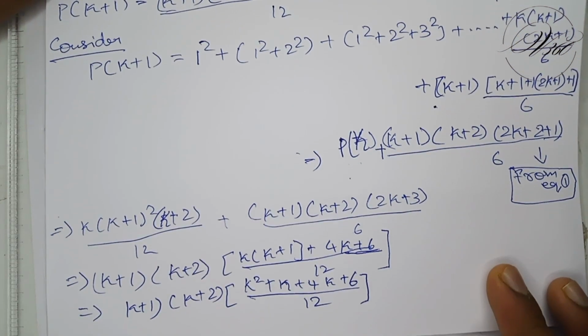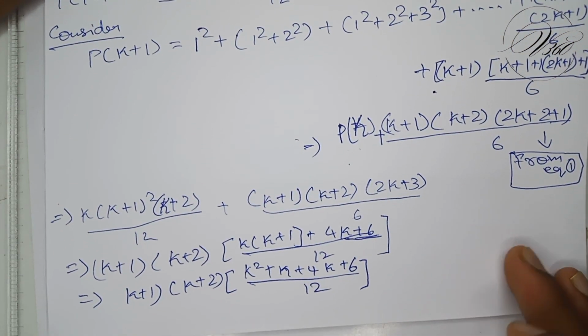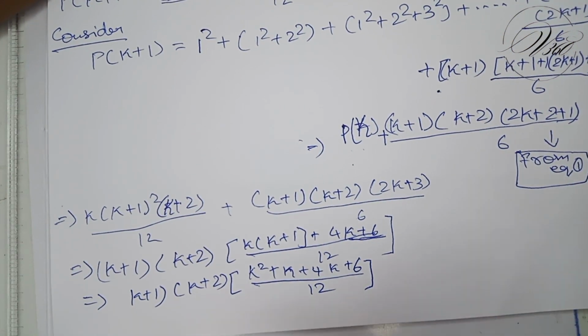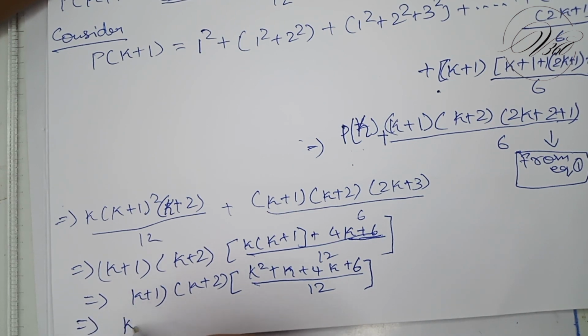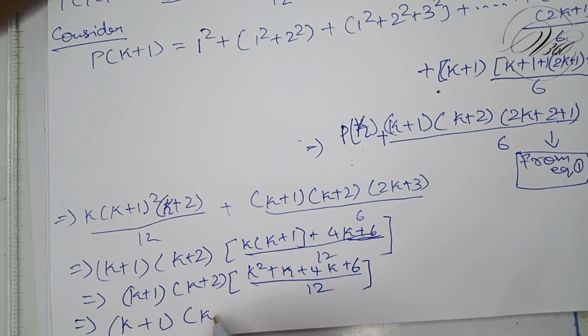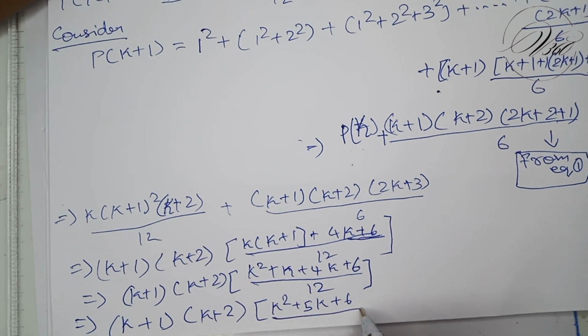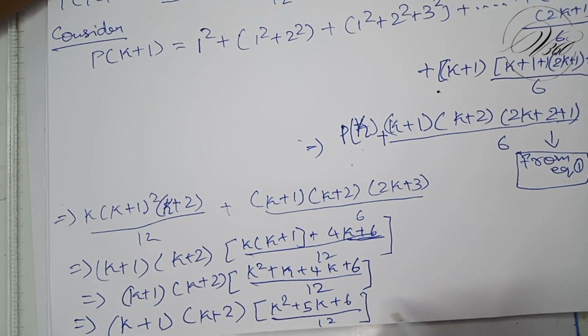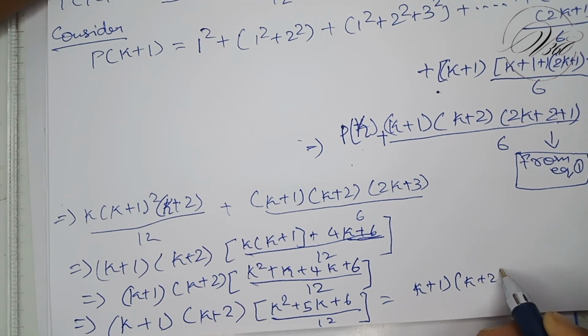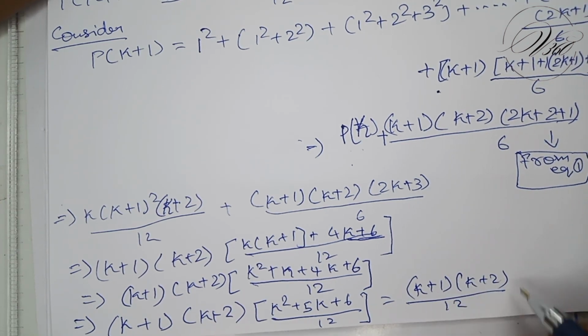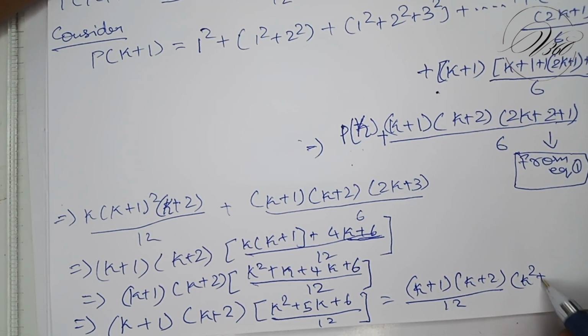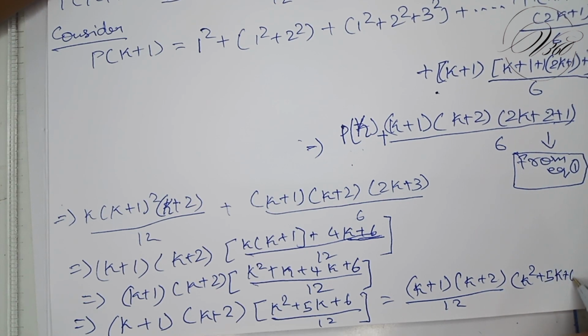Oh, sorry. Yeah, now you can see this. Now here we'll get k plus 1 of k plus 2 of k square plus 5k plus 6 whole divided by 12, which is equal to k plus 1 of k plus 2 by 12 of k square plus 5k plus 6.